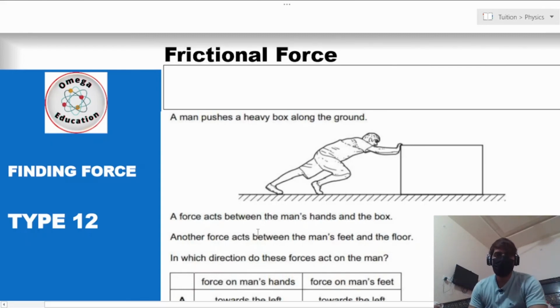Alright everyone, so the next case is when they ask you a question about frictional force. For frictional force, it is quite easy. There's not much variation in it, and the general rule of thumb is that it acts opposite to the applied force.